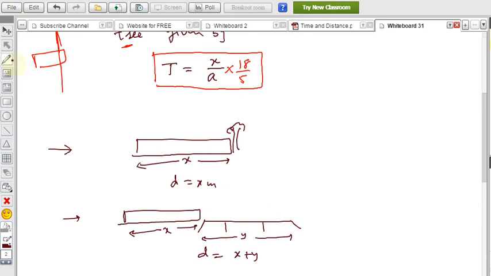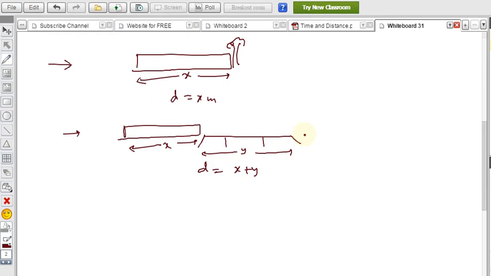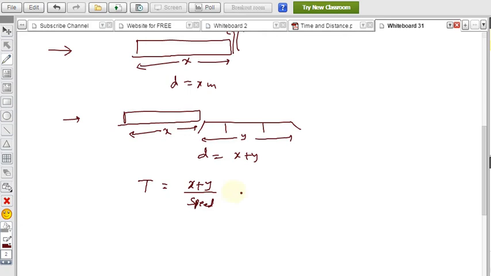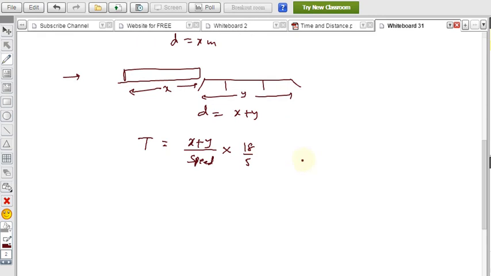You'll use these concepts in the problems. So time is equal to x plus y by the speed. If the speed is in kilometer per hour, we should multiply with 18 by 5. We'll see in the problems, don't worry.